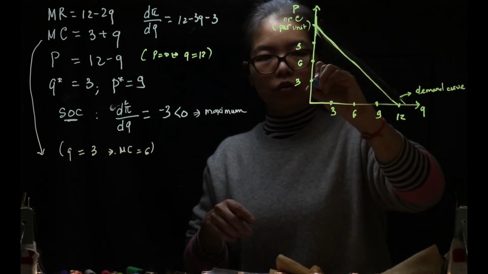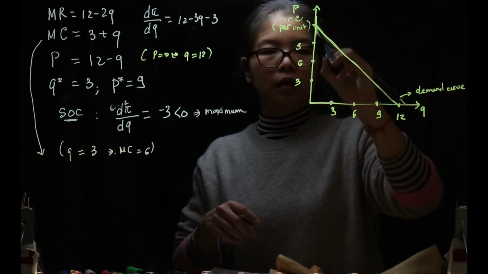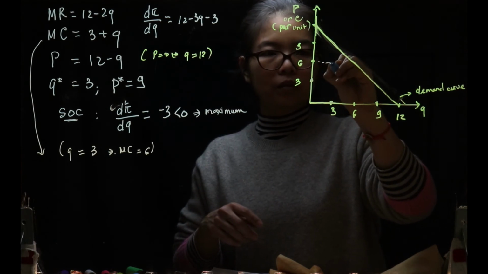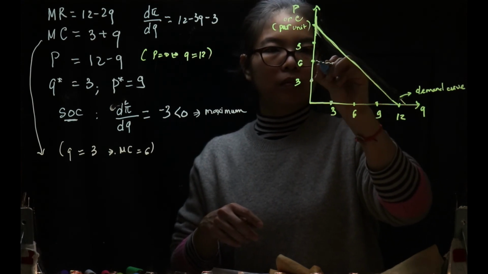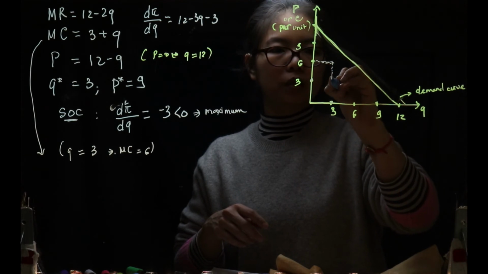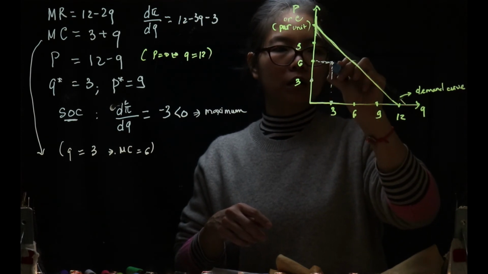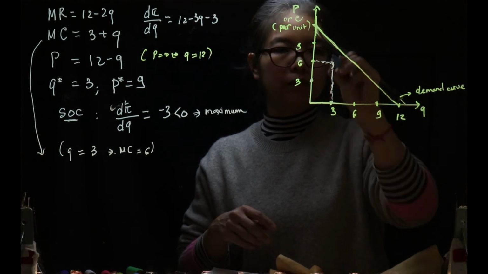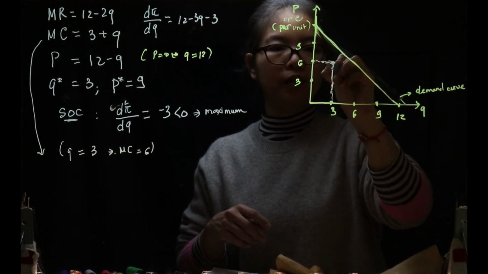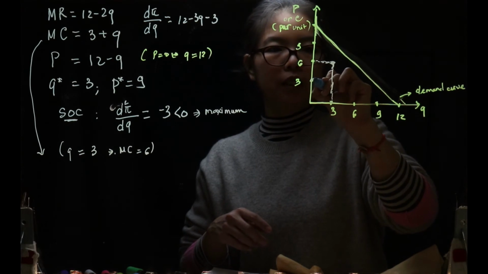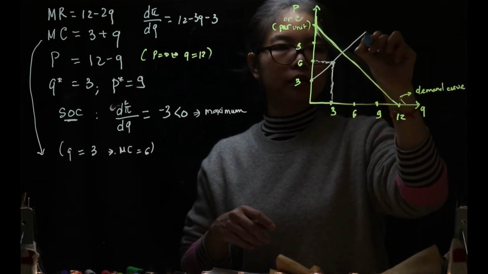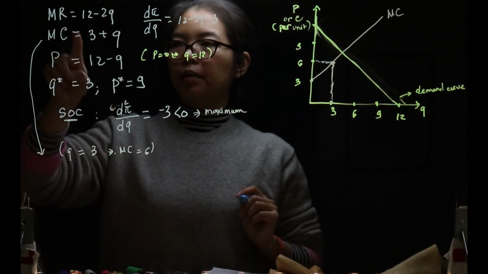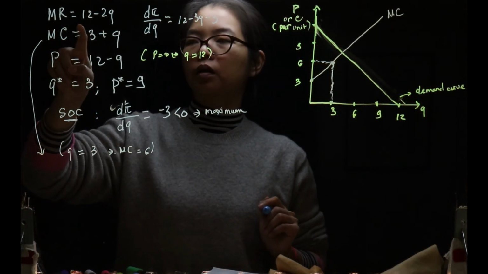So 0, 3 is one point, and then 3, 6 is another point. Should be around here now, and the MC should be like this. This is MC.